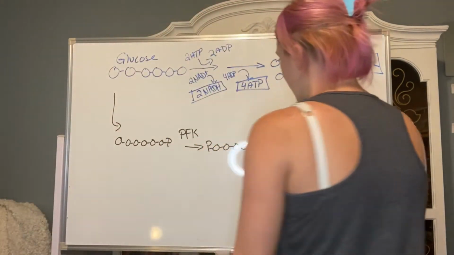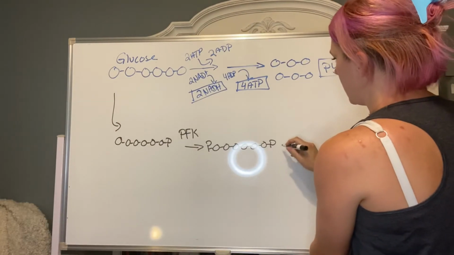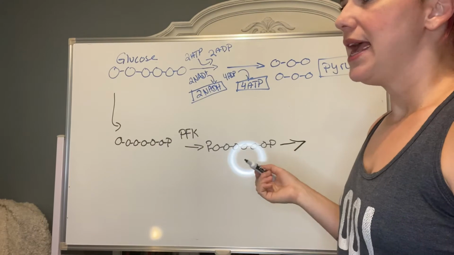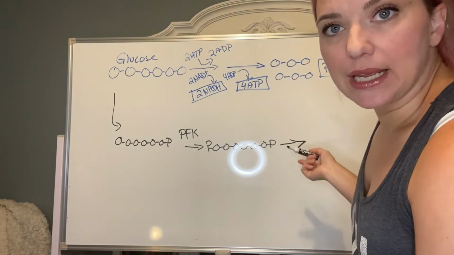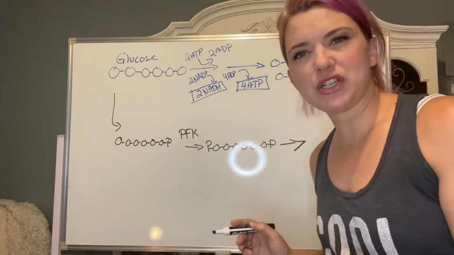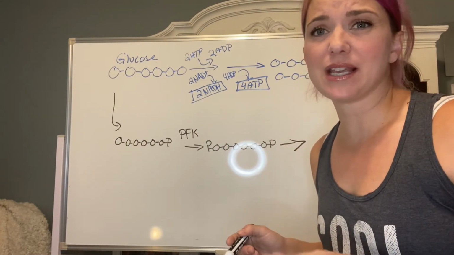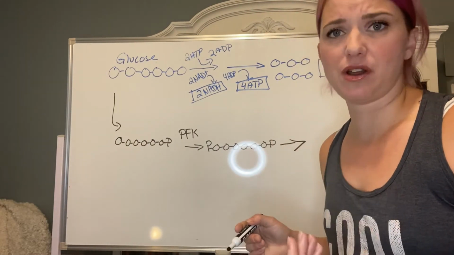So then what happens here is we continue on, and this will then break into 2 pieces. And there's a bunch of other enzymes that are involved in these steps, but you don't need to memorize all the names of those enzymes. You will for your biochemistry class, but not for this class.